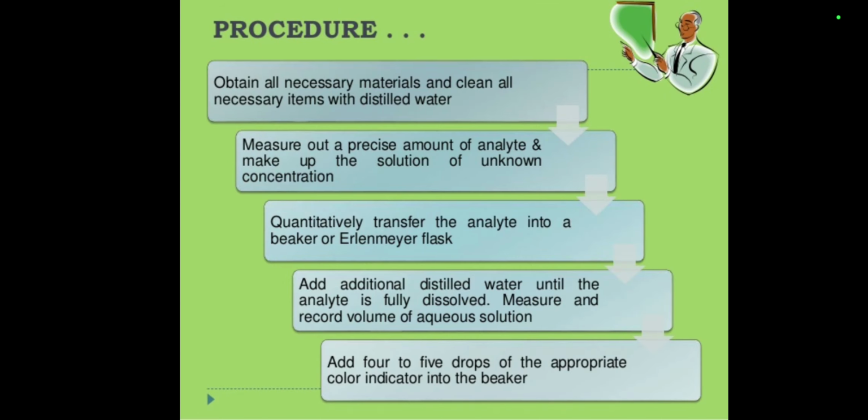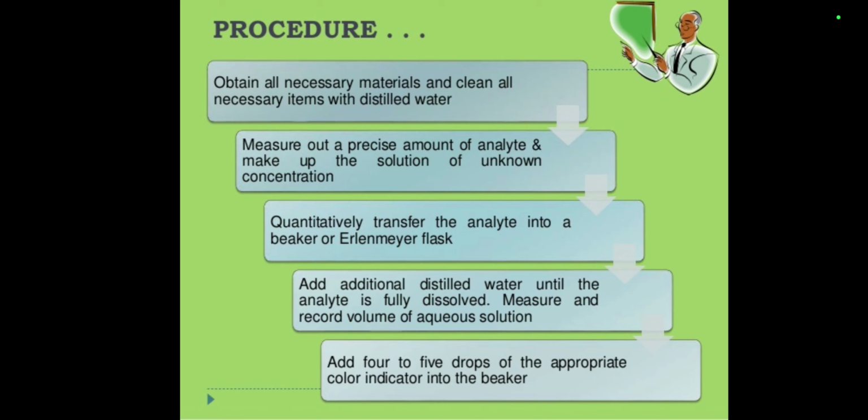So, procedure. Obtain all necessary materials and clean all necessary items. That is very important in having an experimentation. Before we start the experimentation, we have to clean and sanitize all the laboratory apparatuses to avoid contamination. Okay? Measure out the precise amount of analyte and make up the solution of unknown concentration. That is actually important.